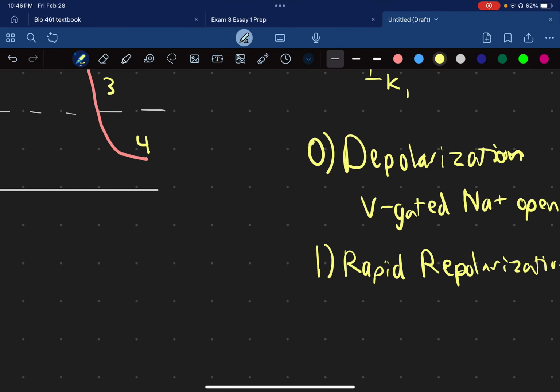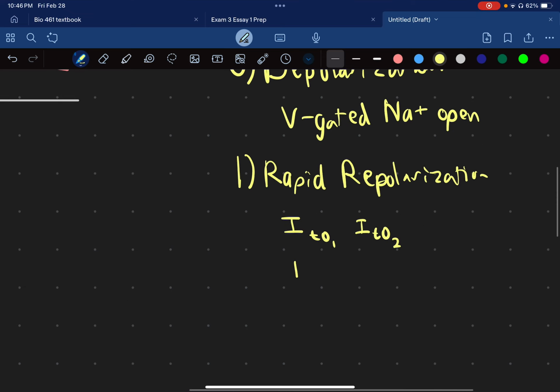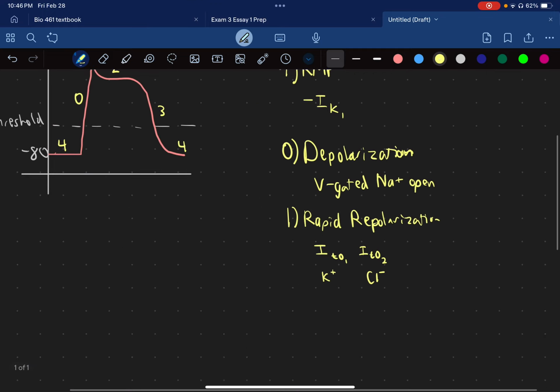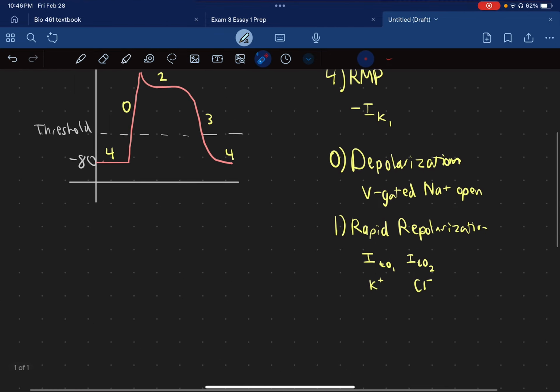And we call these the current of TO1 and TO2. And so this is potassium leaving the cell, chloride coming into the cell. And so that's just going to make the cell a lot more negative in a quick amount of time.